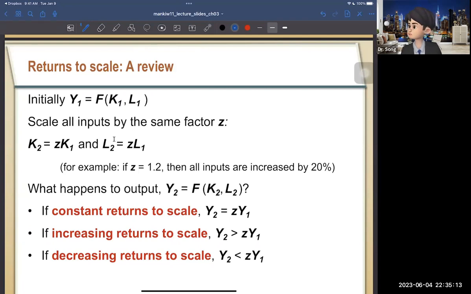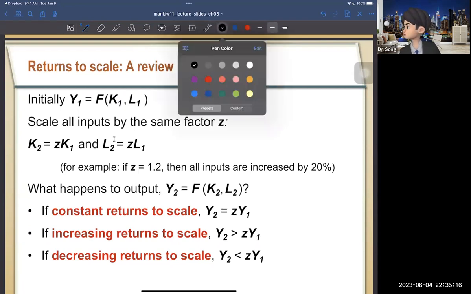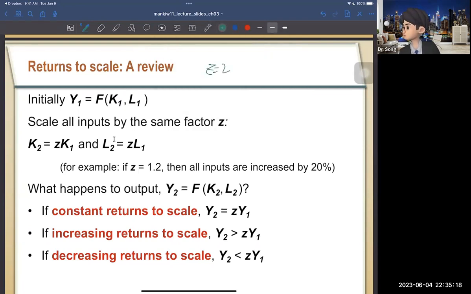So for example, Z is 2, and the first capital K1 is 3, and the first labor is 4. So you have 3 machines and 4 workers, right? So K2 is Z times K1, that is 2 times 3, 6. And then L2 is Z times L1, that is 2 times 4 is 8, okay?